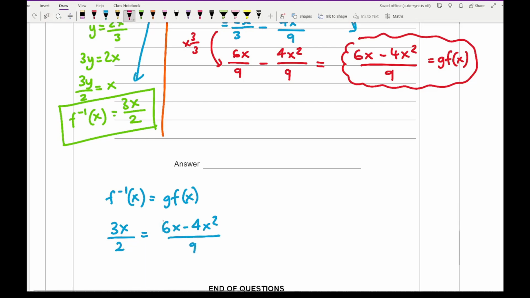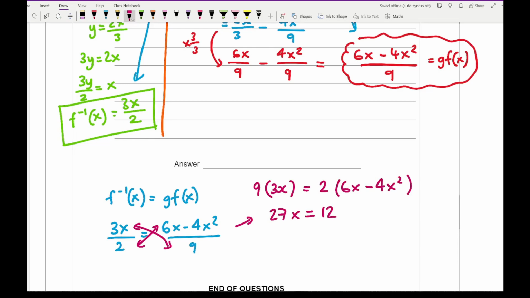Now at this stage, if I do a bit of cross multiplying, I get 3x multiplied by 9 equals 2 lots of (6x minus 4x squared). So that becomes 27x equals 12x minus 8x squared.